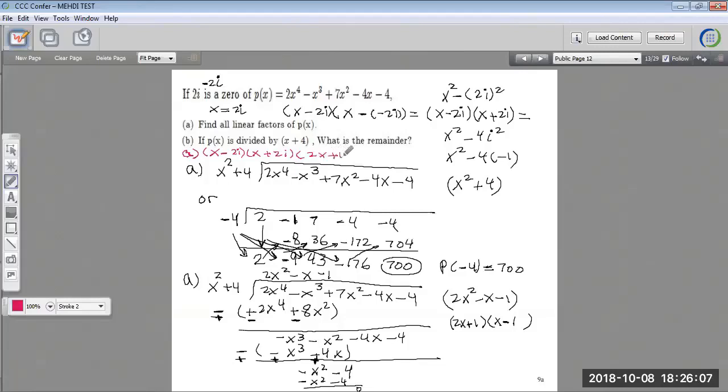And then the other one we find is x minus 1. We find all the factors of that polynomial for part A. And for part B, we just simply find that remainder to be equal to 700. And that was part B.